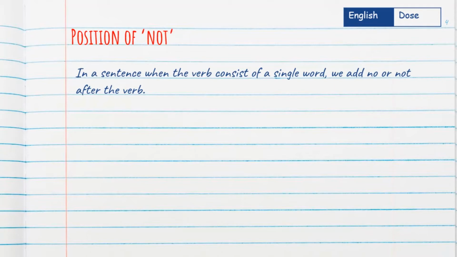Whenever we are making a negative sentence, first of all, we should find the verb in the sentence. If that verb is of a single word, we place not after it. Example: she is happy. So here we have to find the verb. What is the verb here? Is is the verb. Now we have to make it negative.